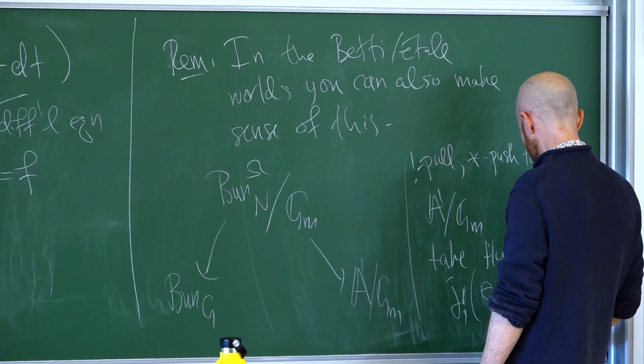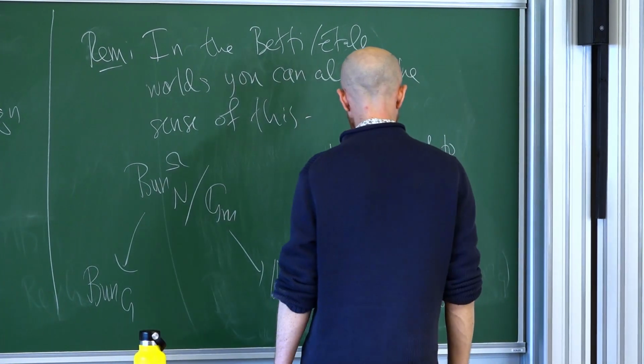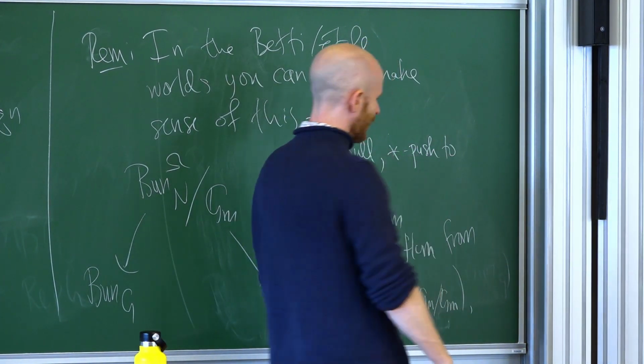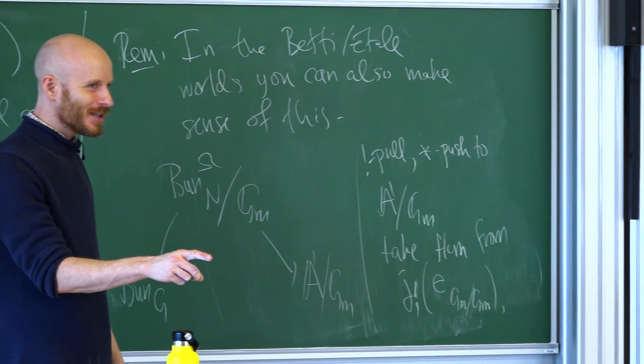Is that A1 mod Gm with Gm acting by the usual scalar or like the square of the usual? It's a very fair question.